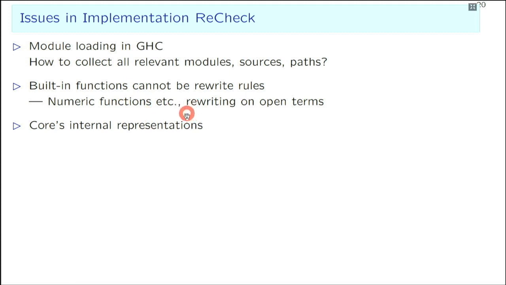This is problematic because to check joinability of critical pairs, we need to rewrite an open term, which may involve built-in functions. So we may need some partial evaluation or something like that. But I don't know how to combine partial evaluation and rewriting techniques.